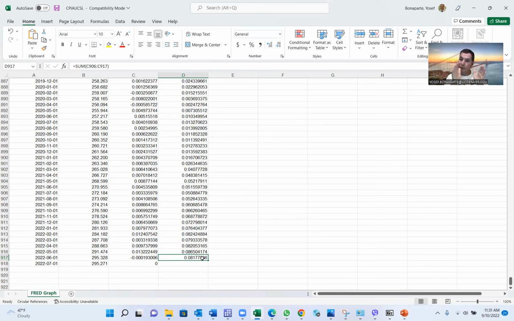The shorter the sample, like from 2019, the last 3 years, the more weight you give to recent years. Now we have to understand that we have COVID, and after COVID, we have this, so it's not a clean example. So what we're going to do is take an example of 3 years, like 36 observations.